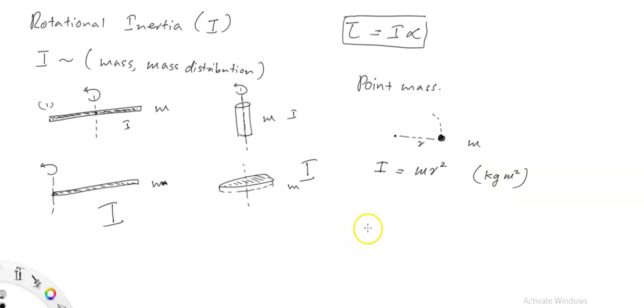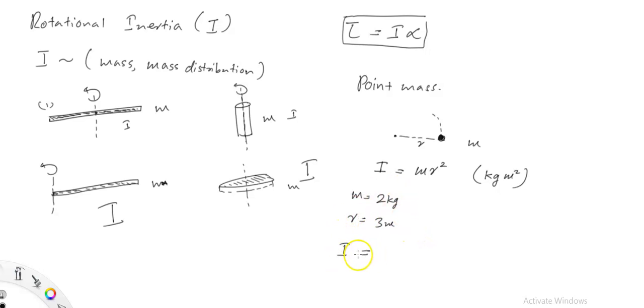That's the unit. So for an example, if we have a point-like object with mass equals, let's say, 2 kilograms, and it's rotating in a circle with radius of let's say 3 meters.